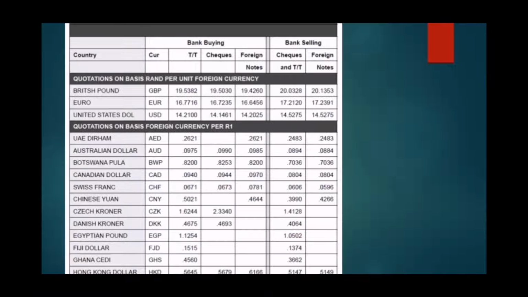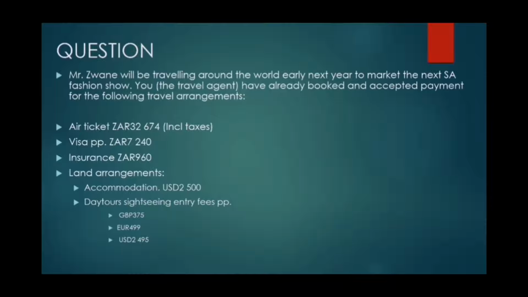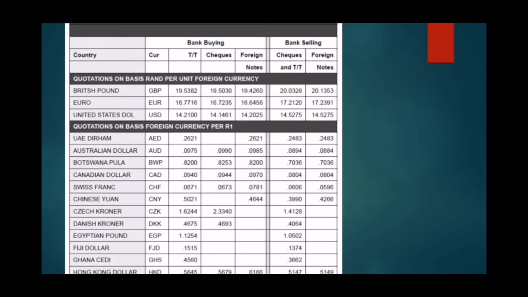So you will check the ROE. In the previous slide, we can see we have your British pound, your euro, and USD. So in this section, we have to check the selling rate for the British pound, the selling rate for the euro, and the selling rate for the United States dollar.